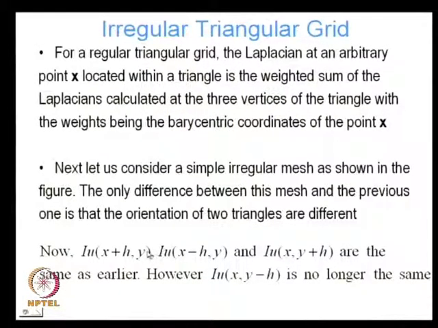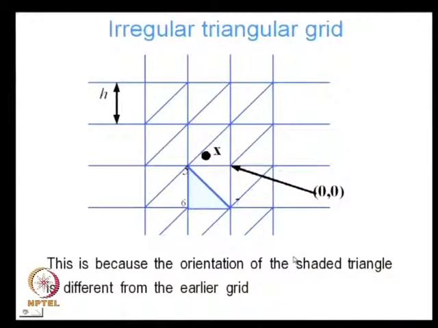So, R u at x plus h y, R u at x minus h y, and R u at x y plus h are the same as earlier. Why? Let us go back and take a look. For x plus h, the shape of the triangle is the same, so that remains the same. X minus h refers to this triangle, so that triangle is the same. For x, y plus h, that triangle is also the same.